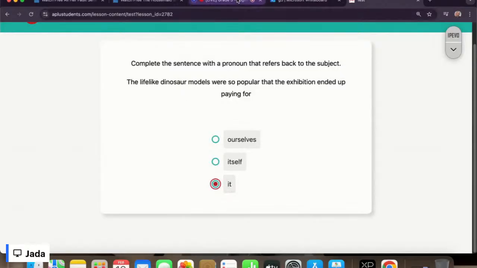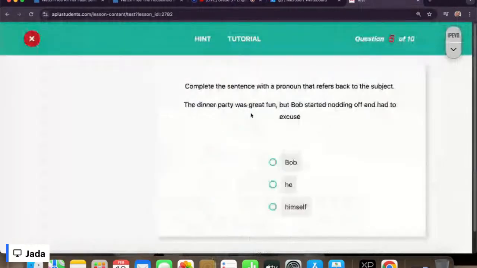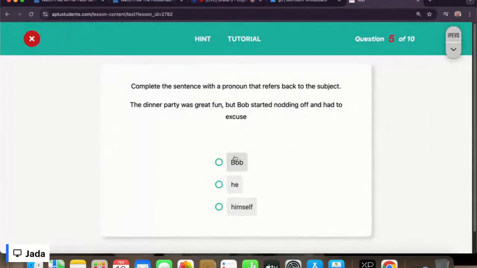Okay, so we have it. Then, the dinner party was great fun, but Bob stayed up late and had to excuse himself, he or himself. Okay, so we have himself.